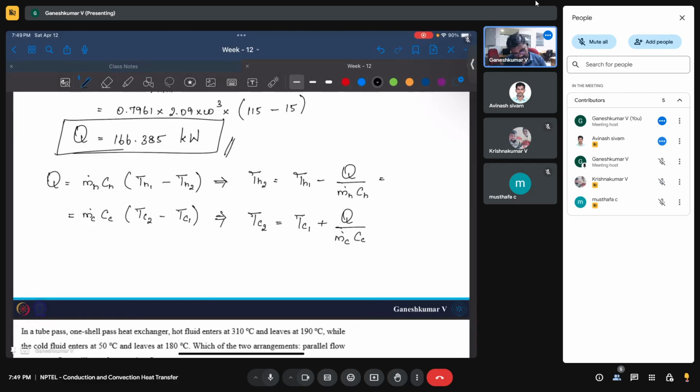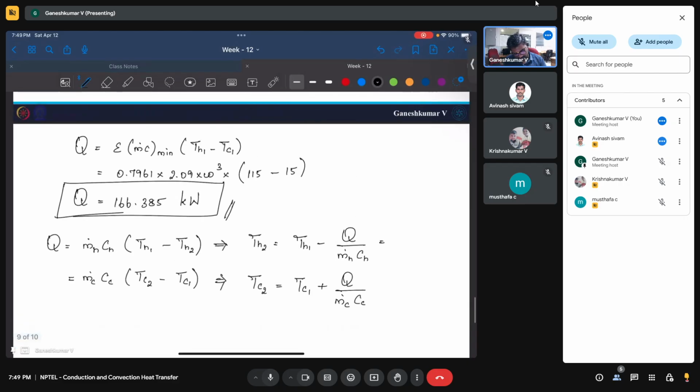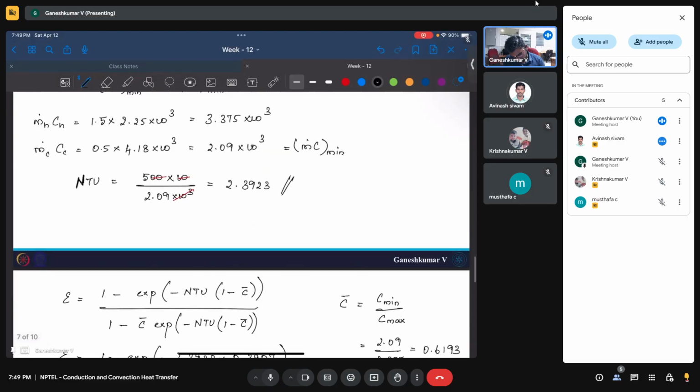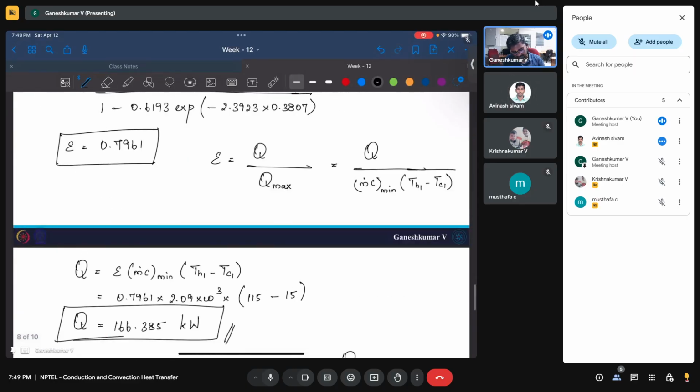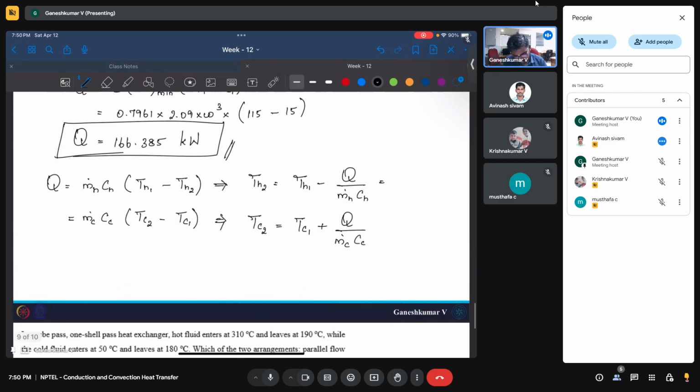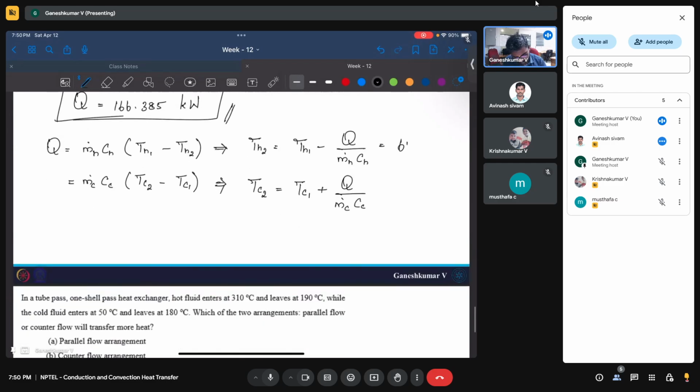Okay, so what is Q? Q is 166.384 divided by m dot h Ch. We already found out m dot h Ch is 3.375. So divided by 3.375, it's 49.3. So 115 is reduced by 49.3 degrees Celsius, so it's coming out to be something like 65.7 degrees Celsius.